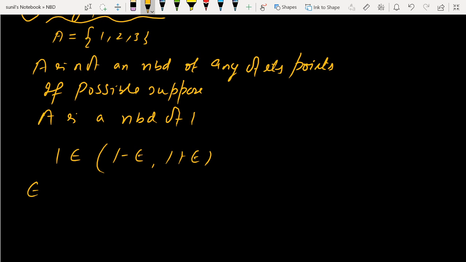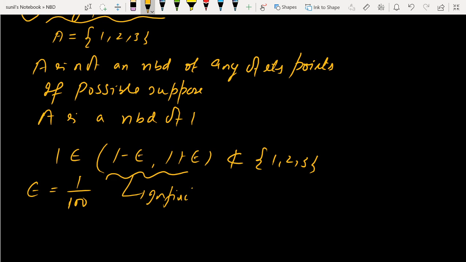You take epsilon as, say, 1 by 100. I will say that 1 certainly belongs to it, but it is never contained in the set {1, 2, 3} because it contains infinitely many numbers. It is an infinite set, so which is not possible.